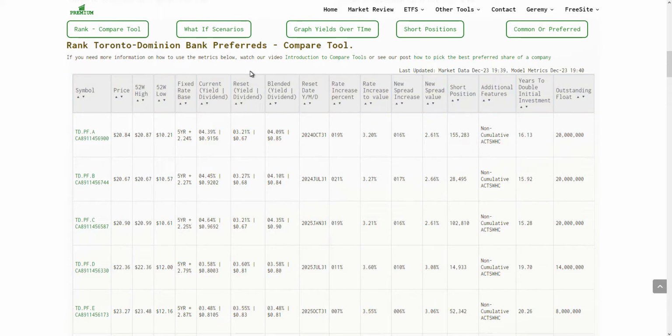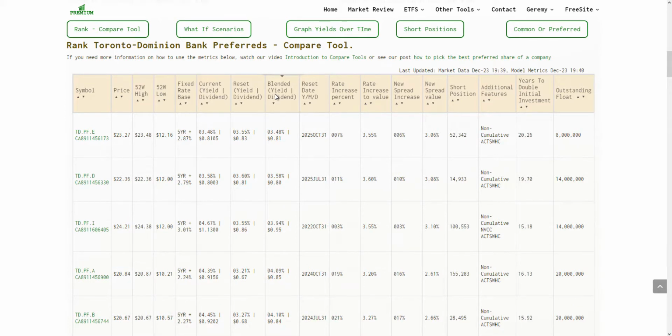The blended yield is a projection of the average yield for the next 5 years. We will be comparing this to a similar metric of the common stock. To begin with, let's review the table Blended Yield by highest yield first.